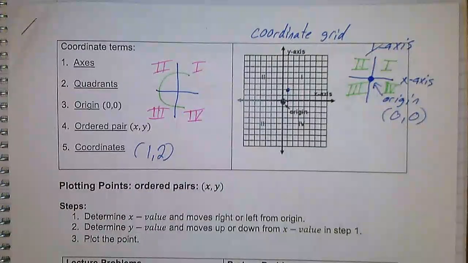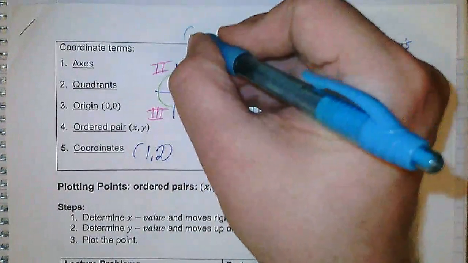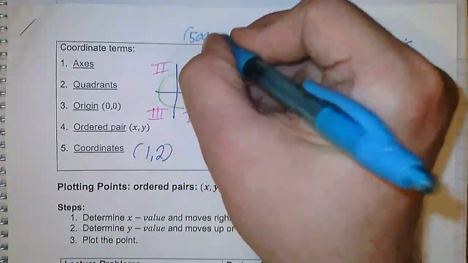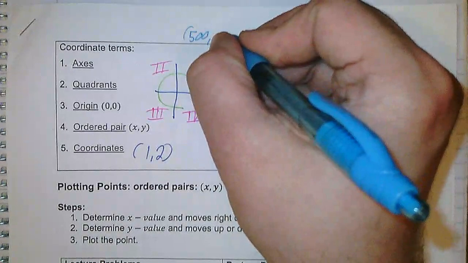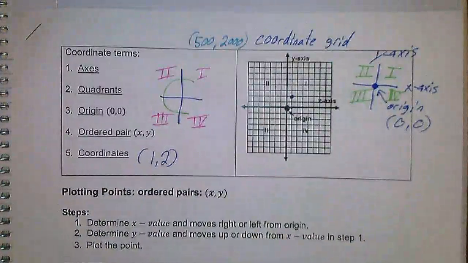We'll come back to that when we talk about plotting points, but the question you might see in ALEKS is, I think they give you a very large number as an ordered pair, like let's say 500 for the x and 2,000 for the y. What quadrant does that point lie in?